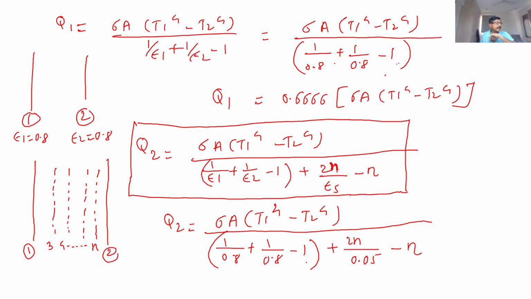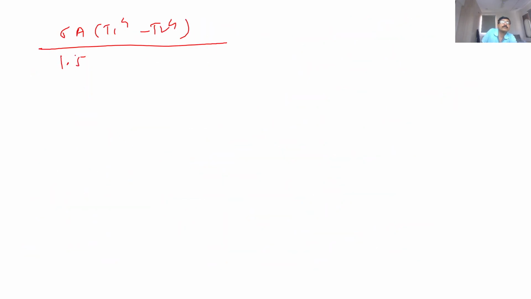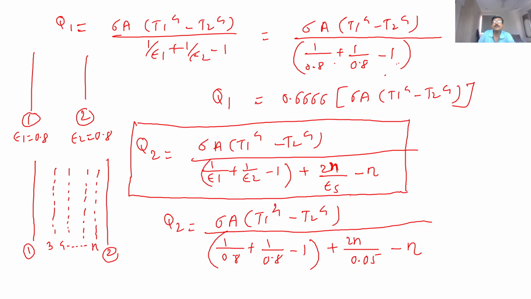Sigma A (T1 raised to 4 minus T2 raised to 4) upon the bracket. The value of this bracket comes as 1.5 plus twice n upon 0.05 minus n, equal to 0.01 of Q1.